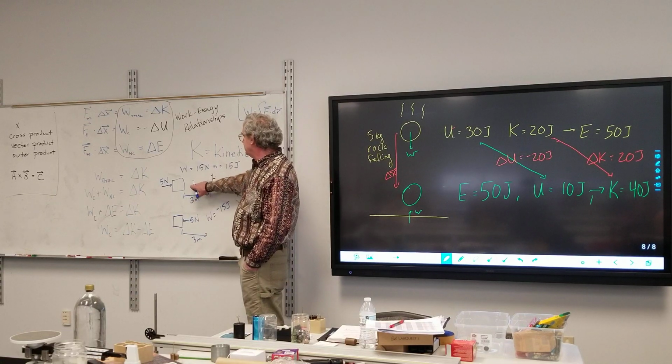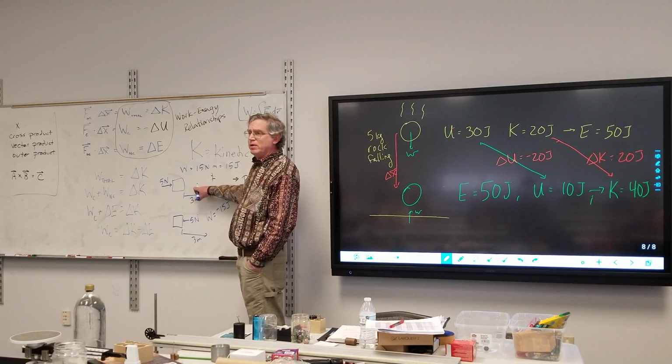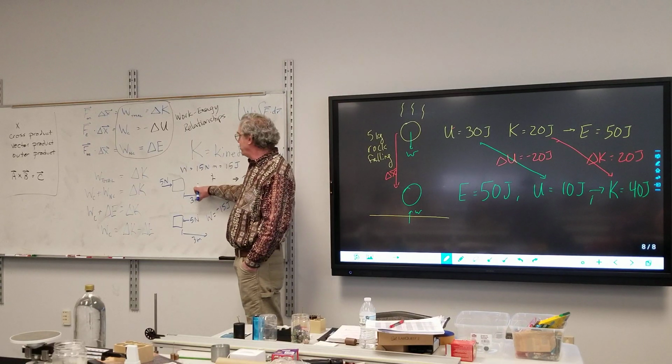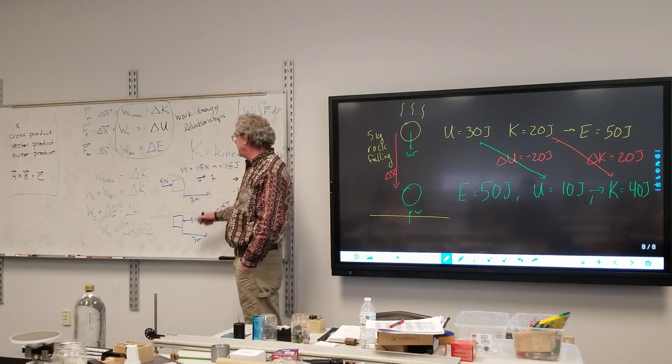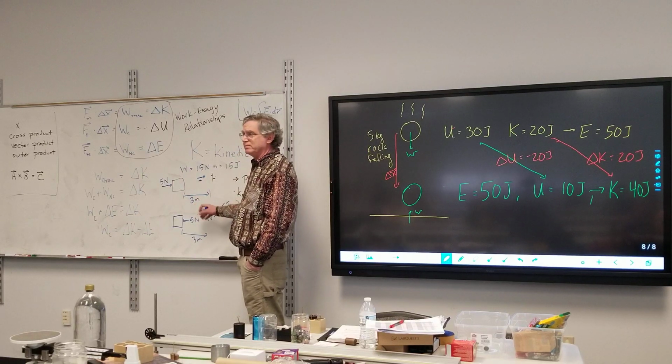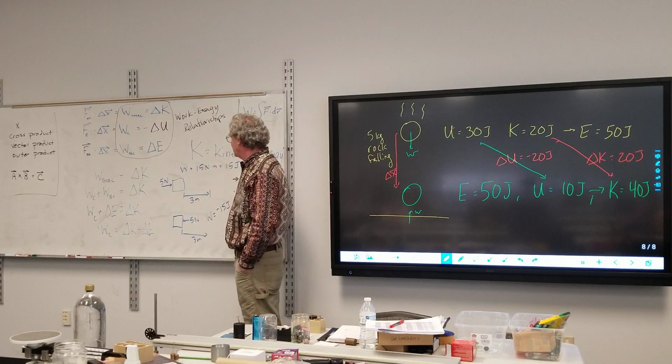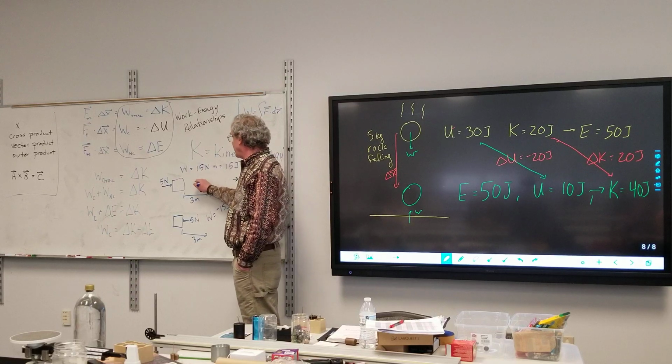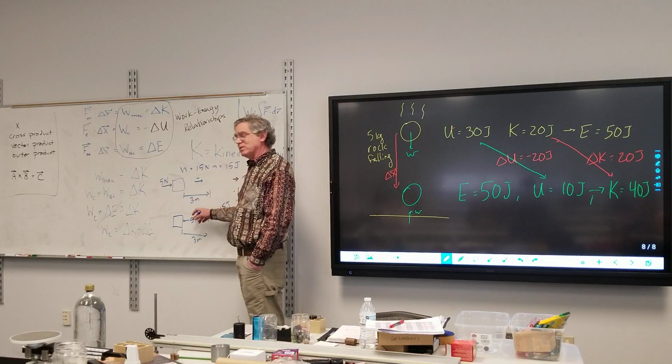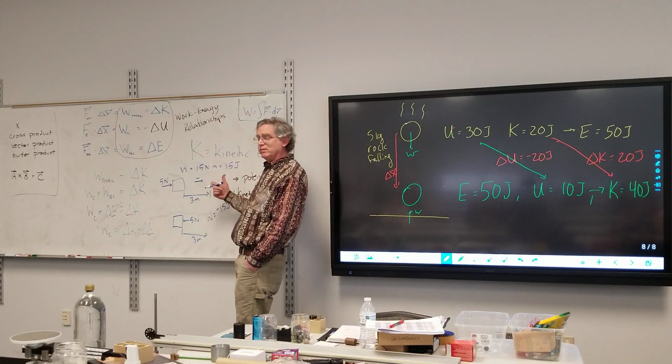Notice up here, I got 15 joules. I didn't comment which way was positive, which way was negative. They're both to the right. If I made to the right positive, then I have positive 5 times positive 3, which is positive. If to the right is negative, then I have negative 5 times negative 3, which is still positive.